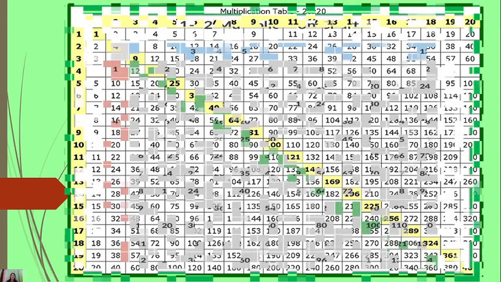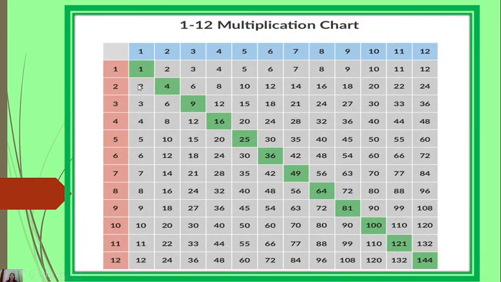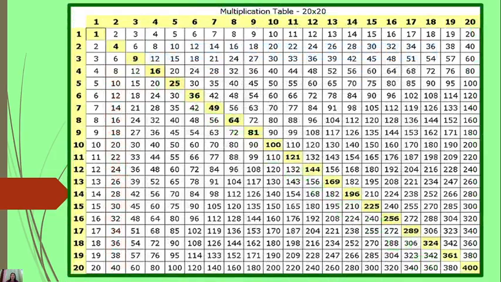Take note that all the rest, we have 2, 3, 6, all the rest here are not perfect squares. They are what we call not a perfect square, or they are what we call irrational numbers. In terms of principal root, they are irrational numbers.